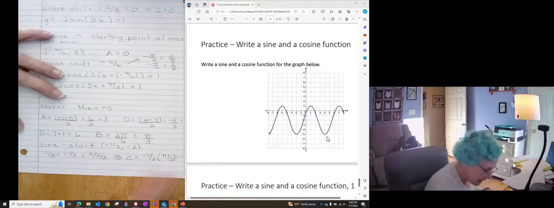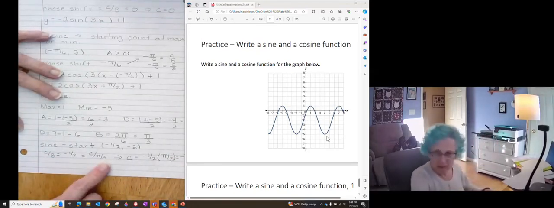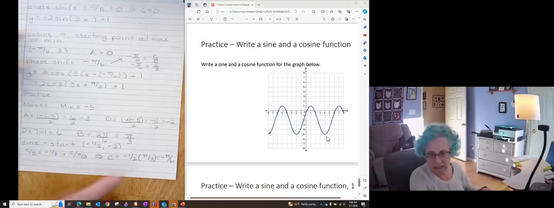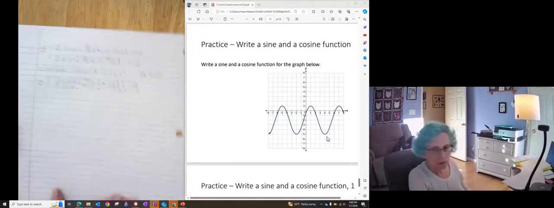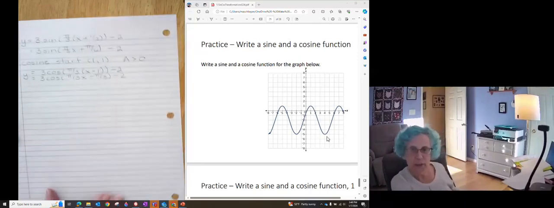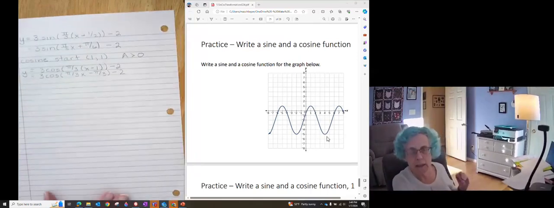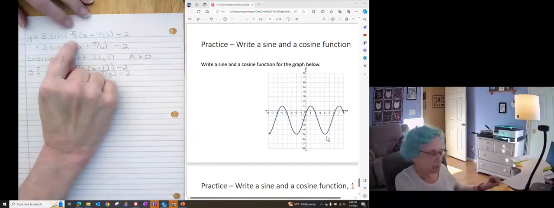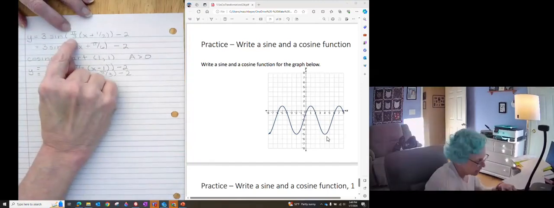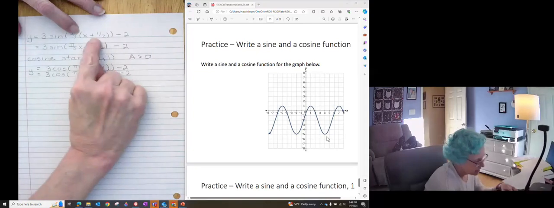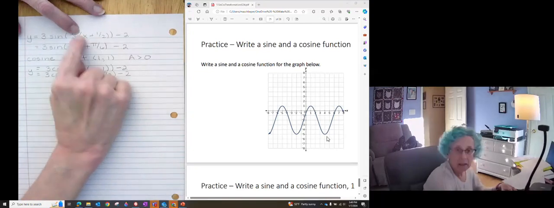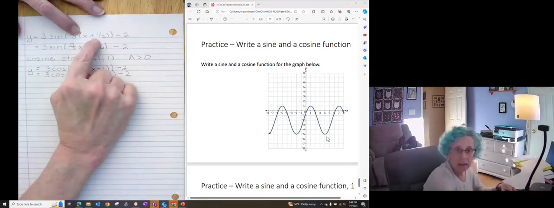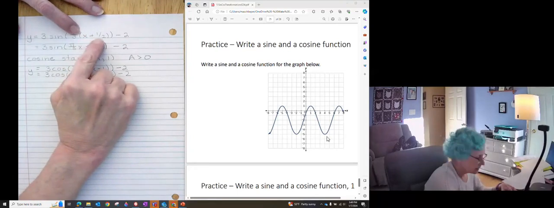So I went ahead and did the C over B and figured out what C is equal to. But really, when you're doing it this way, it's a whole lot easier to just use the fact that it's B times x minus the phase shift. So x minus negative 1/2.